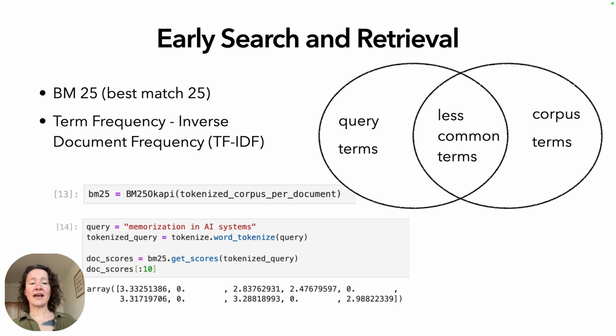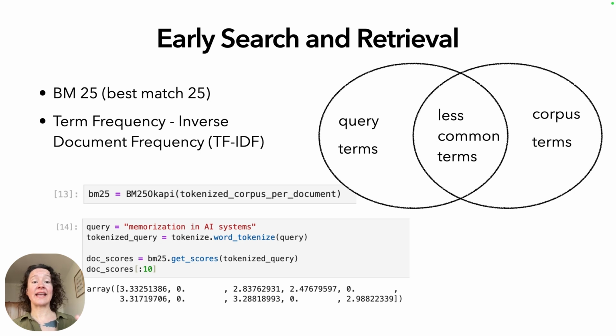We've tokenized that. We've created what we call a corpus, an assembly of those documents that we want to search through. Then we feed it into the algorithm, and then we can send the tokenized query to our search and retrieval algorithm and get back a list of the scores.